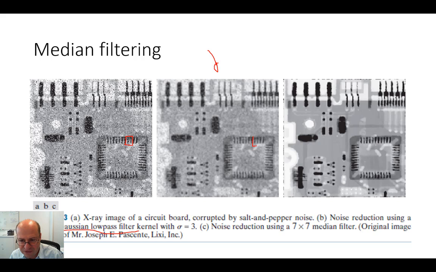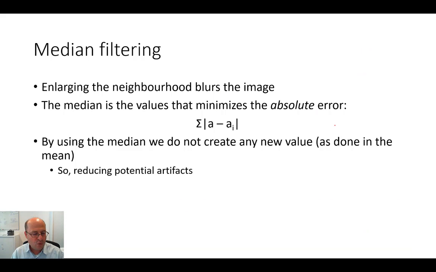If you look at the small details in the result of the Gaussian convolution, they are not well preserved. But if I apply the median filter, I get this very nice image. All the information seems to be there.